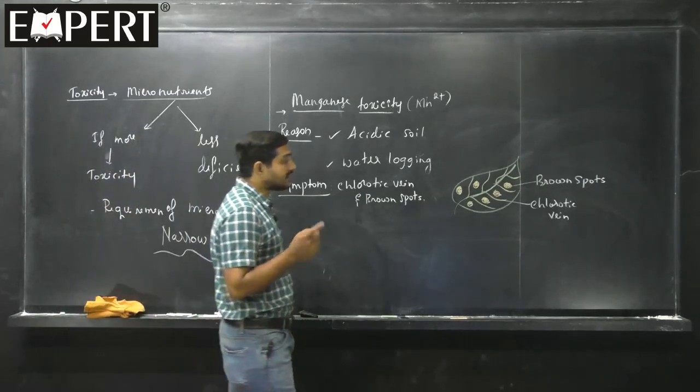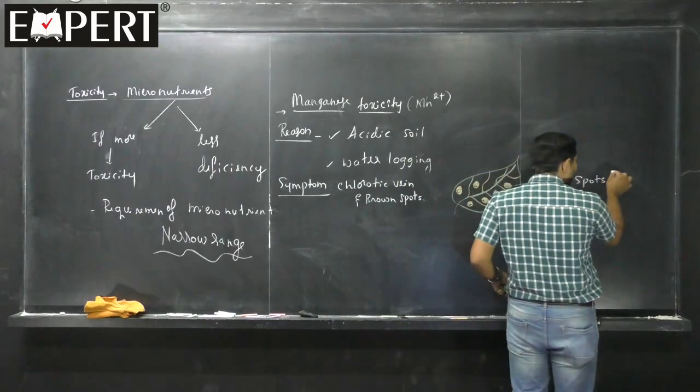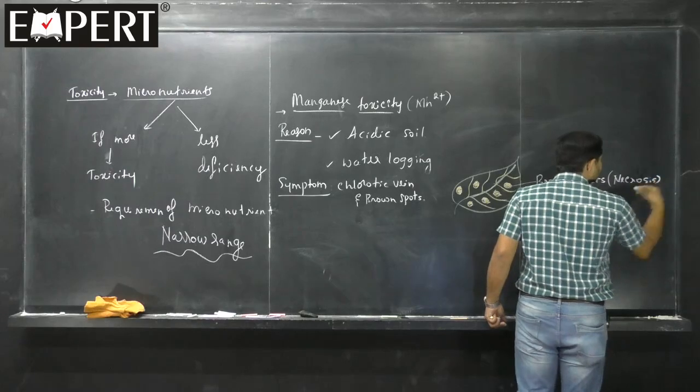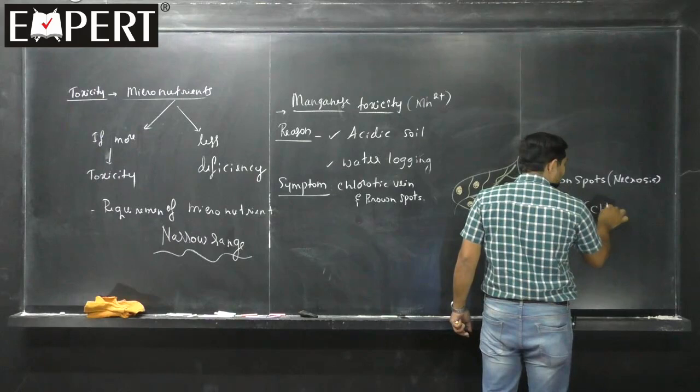What is the reason for both of these? Let us understand. Before that, brown spot is because of necrosis, and a chlorotic vein is because of chlorosis.